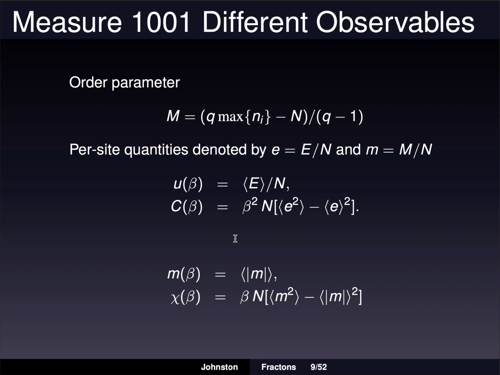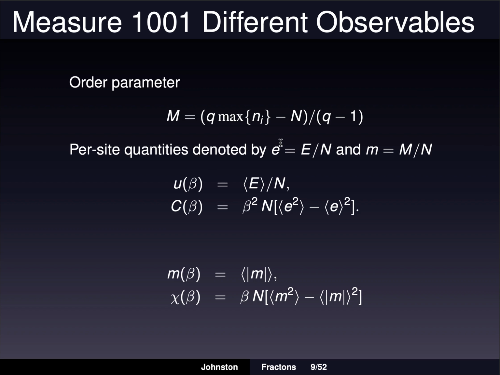In the case of the Q-states Potts model, an order parameter is this magnetization given by this. So we pick out the state that has the most spins sitting in it. That's this thing here. And this M will be 1 in an ordered phase, where all of the spins are in this state, and in a disordered phase, where they're mixed round the Q different states, it won't.